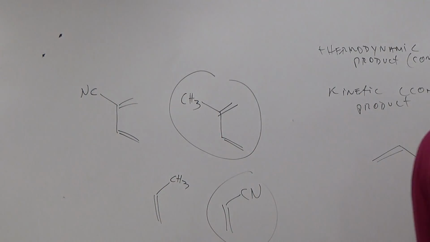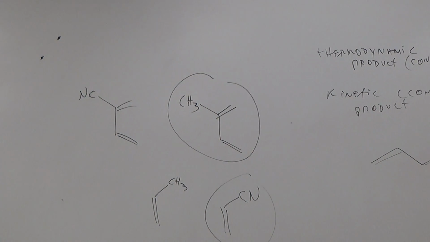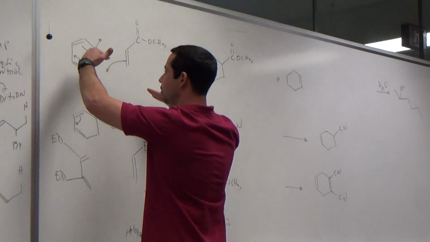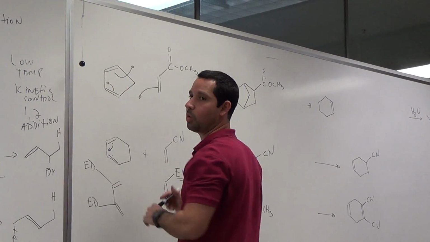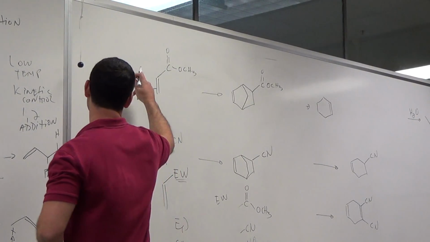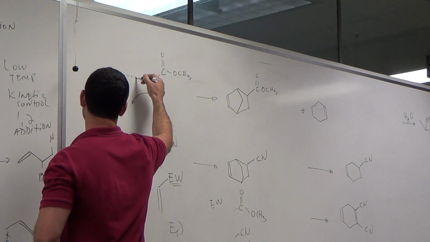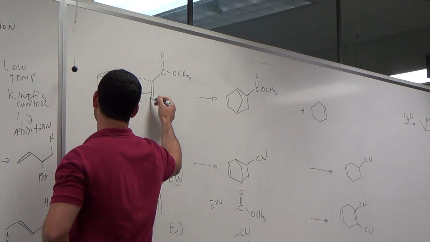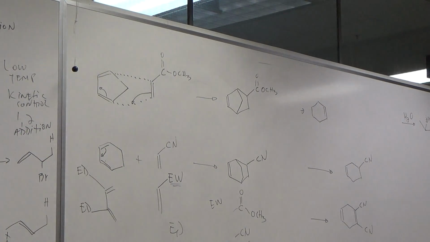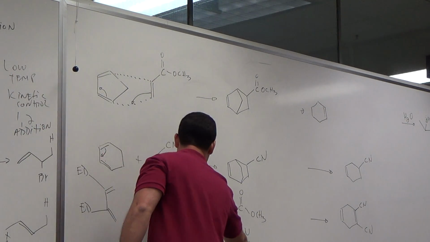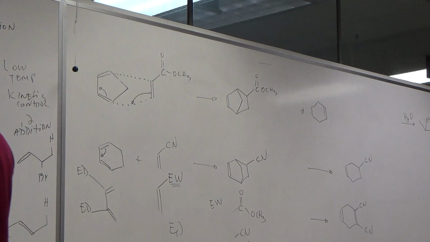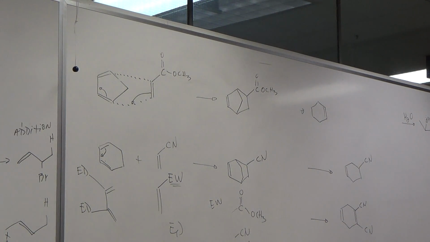Now, the approach for this thing, I have done it this way, but the approach is from either the bottom or from the top. Some people draw this thing like saying it's going to make a bond here, it's going to make a bond there. You ever seen that before?